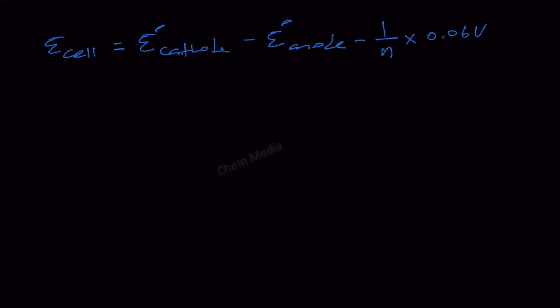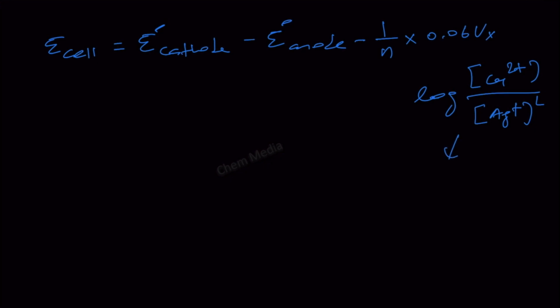So, therefore, Ecell is equal to E standard cathode minus E standard anode minus 1 by n times 2.03 RT by F, which is given as 0.06 volt, times log of the concentration of Cu2 plus, that we found is 1 molar, isn't it? This is Cu2 plus divided by Ag plus square.